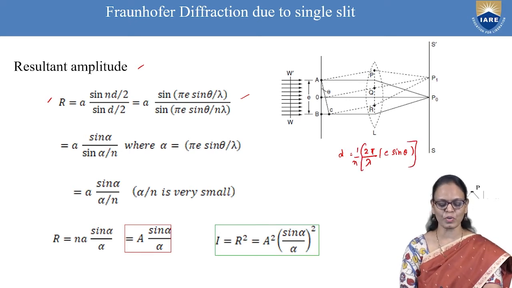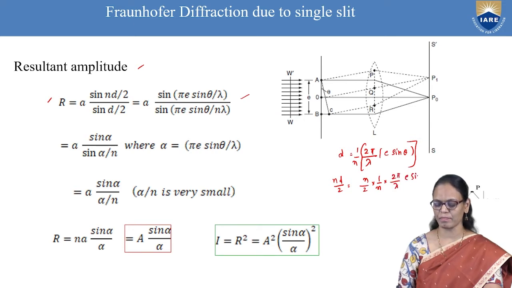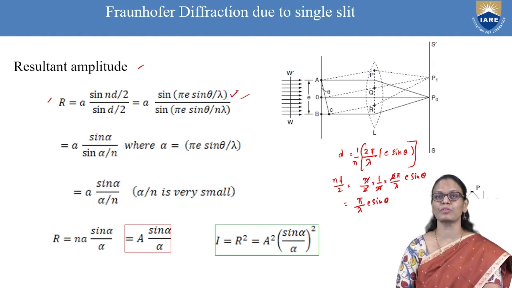So when we substitute for nδ/2, what happens here? nδ/2 will be n by 2 into 1 by n into 2π by λ into e sin θ. So n will get cancelled, 2 will get cancelled. So what we have in the numerator is only π by λ into e sin θ.